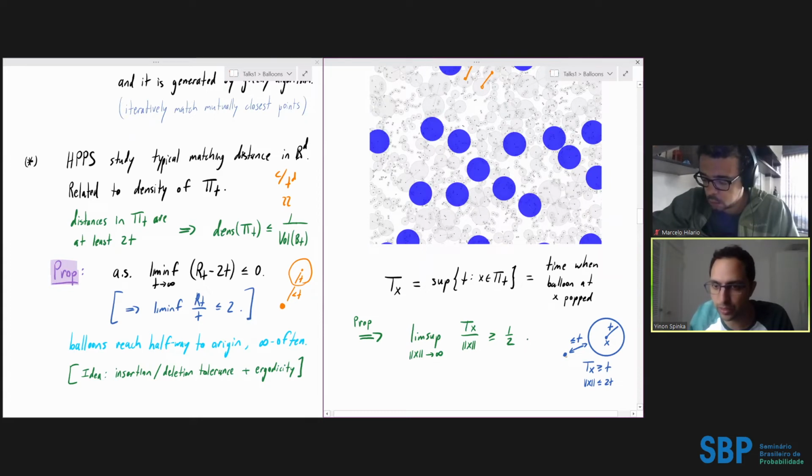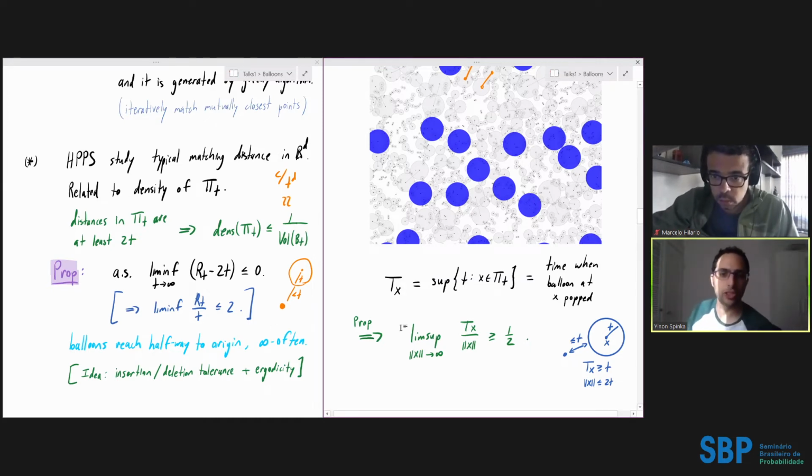Because if we look at the origin, and we look at a time where the distance to the center of some ball is less than 2t, this is exactly telling us that this balloon survived at least time t, but its norm is less than 2t, so the lim sup is at least 1/2. And the recurrence happens around when the lim sup is 1. That's like the lim inf of R_t over t being 1.